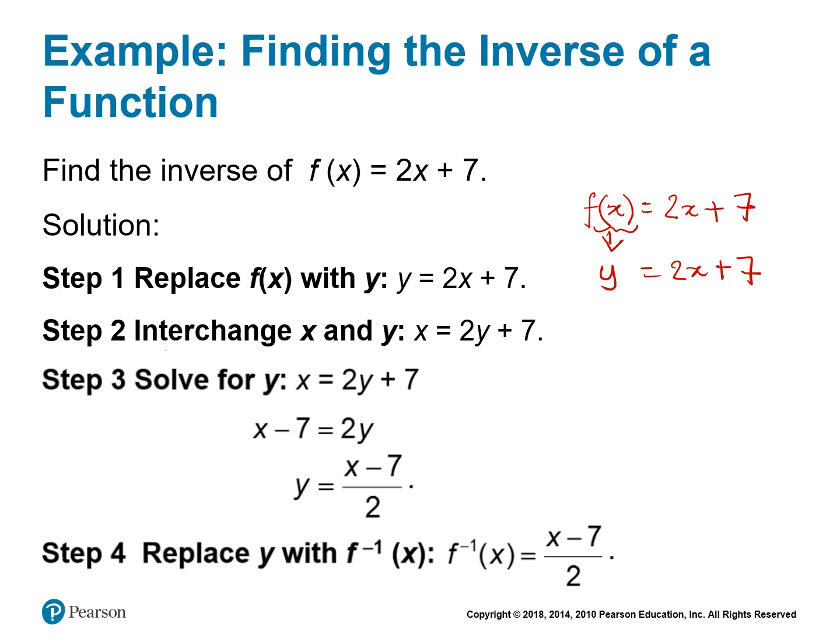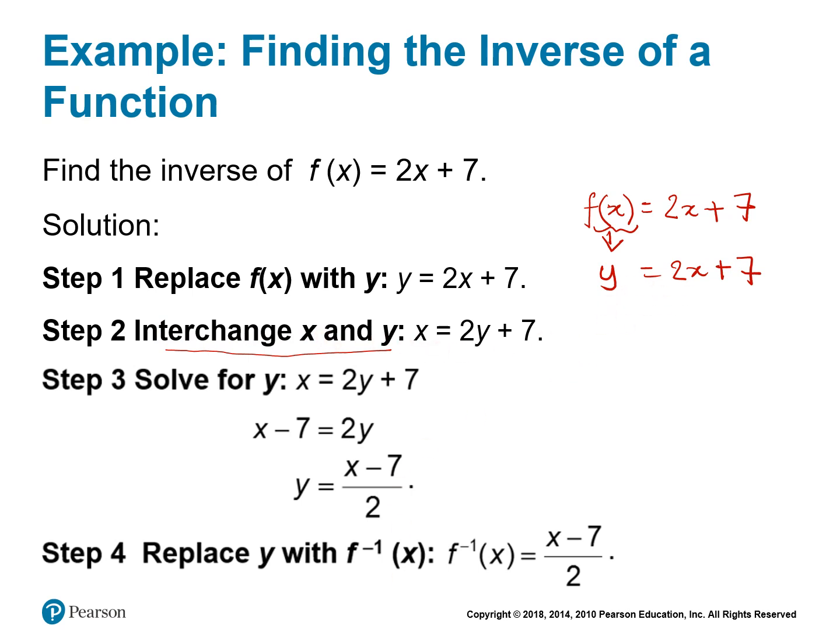Then it says interchange x and y. That means, what you got in step 1, just switch, make the y an x and the x a y. So that's what they mean by interchanging x and y. Switch the x and y variables.